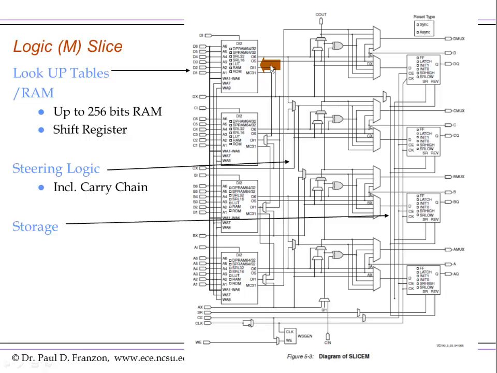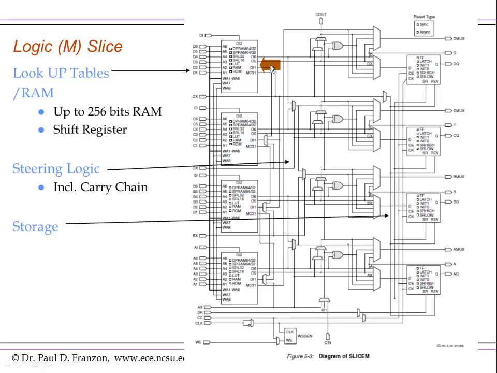This allows you to build any 6 input, 2 output logic. You might recall, if you build a truth table for logic, that becomes directly equivalent to the programming of a ROM or RAM as a lookup table for that logic. So within this structure, you can fit anywhere from the equivalent of 1 logic gate to quite a handful of logic gates, depending on the specific logic function that you're implementing.